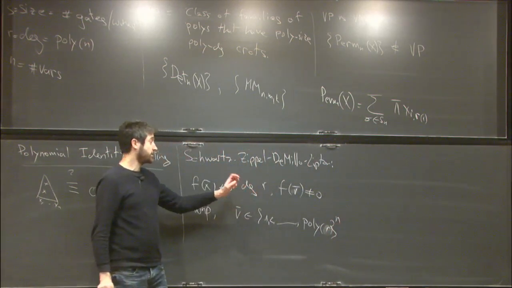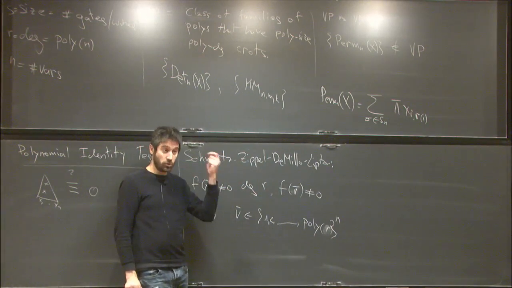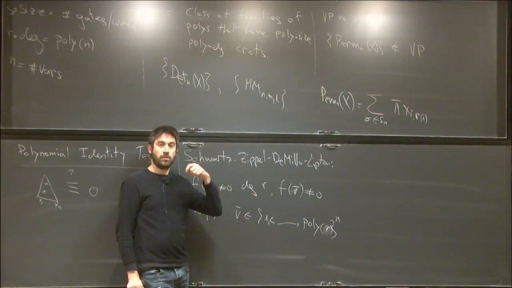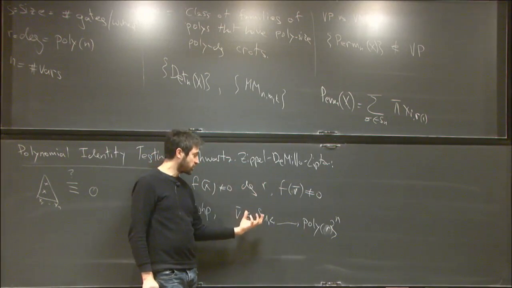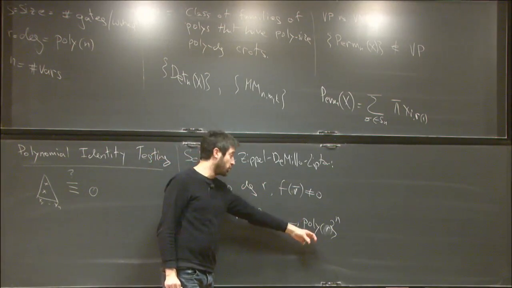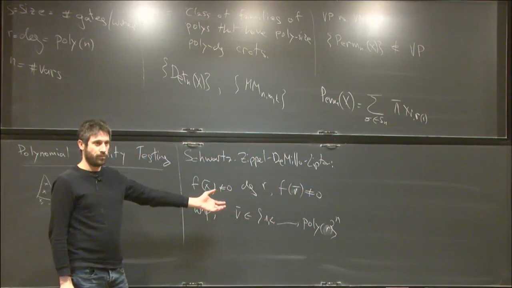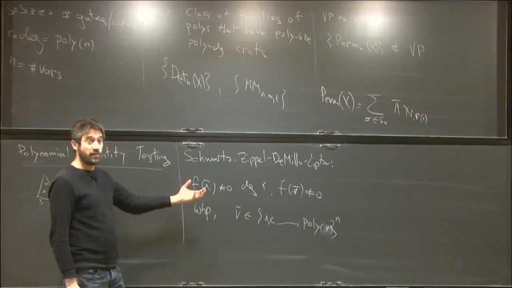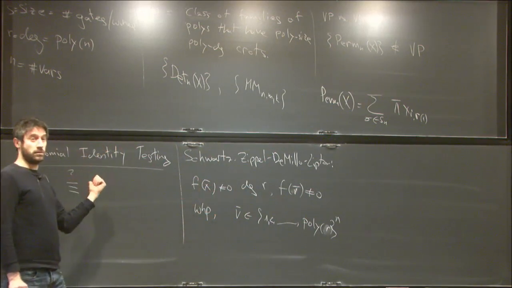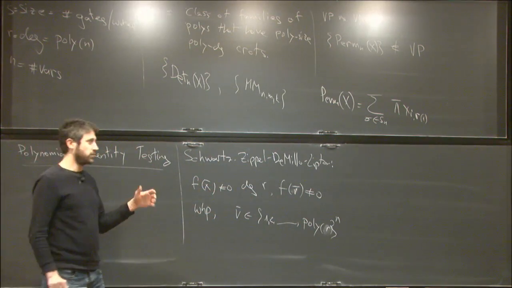So basically, the lemma says that if we evaluate a non-zero polynomial of degree r on a random input, where the random input is chosen from a large enough set polynomially related to the degree, then with high probability it will evaluate to a non-zero value. Okay, so this is a very efficient algorithm to decide the PIT question, but it's a randomized algorithm.